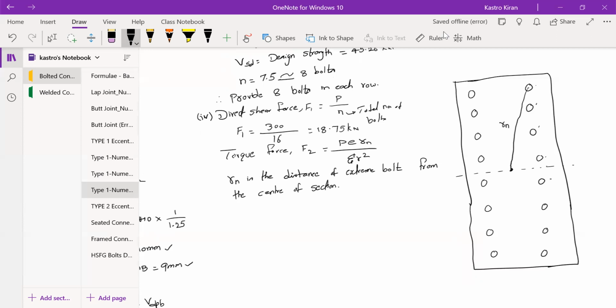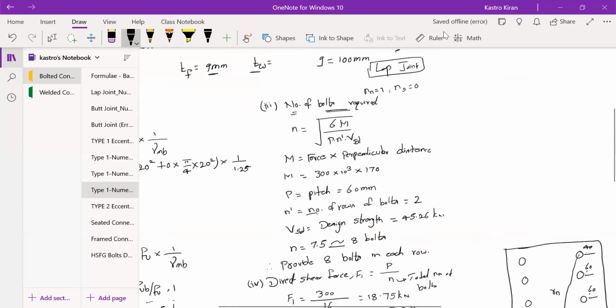Now in order to find out Rn value, let's look for these values. That is, edge distance we have considered as 40. Pitch values are all 60. So the pitch values are 60 and edge distance is 40. And again, the gauge distance for ISHP section is 100 mm.